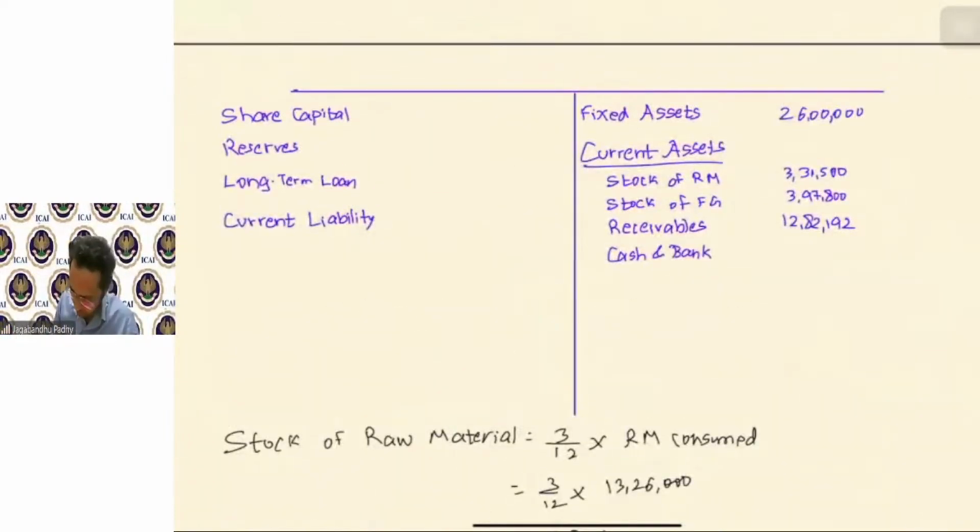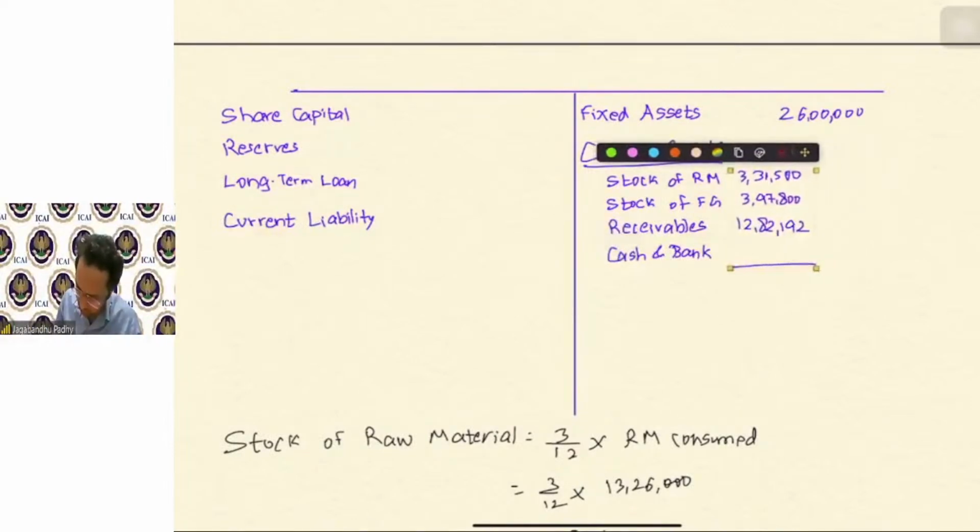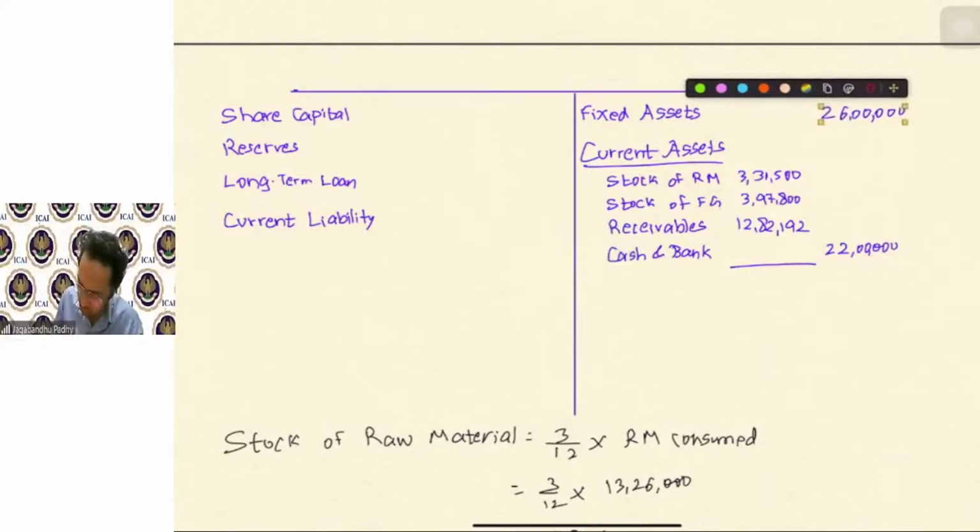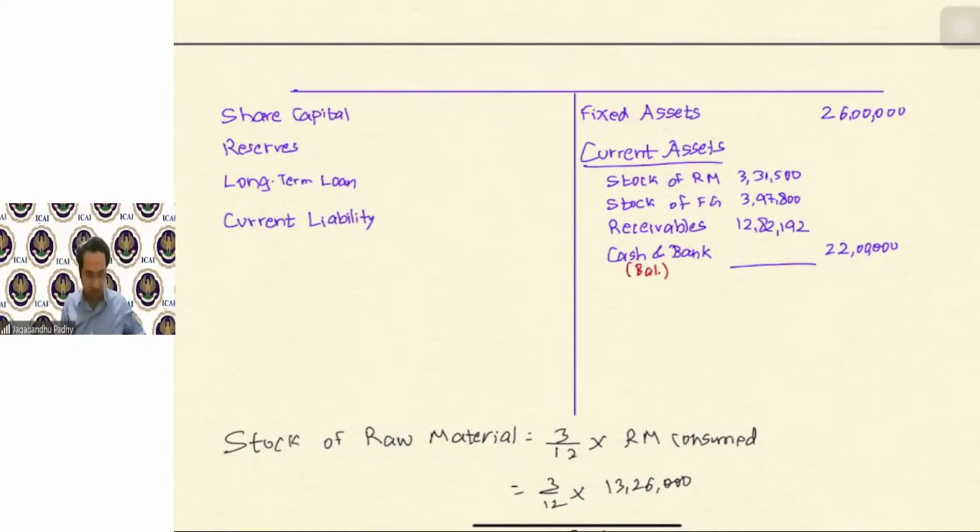So in a sense, we say the total of all the current assets should be 22 lakhs. So if current assets total is supposed to be 22 lakhs, obviously cash and bank balance, we can just get it as a balancing figure.